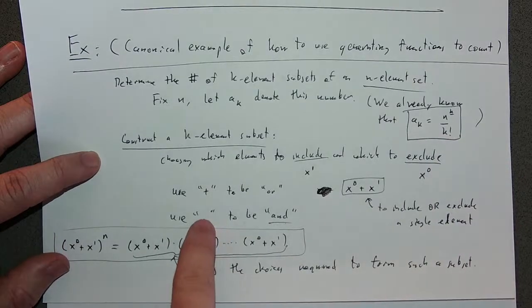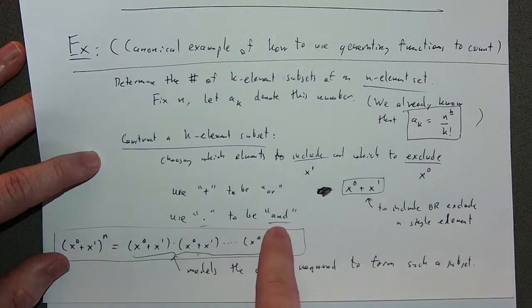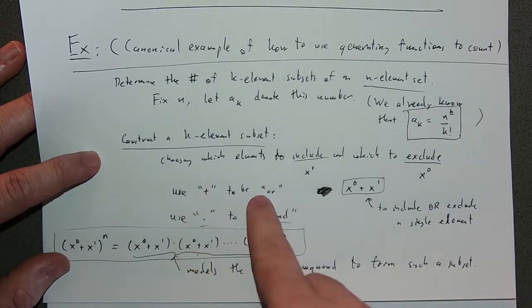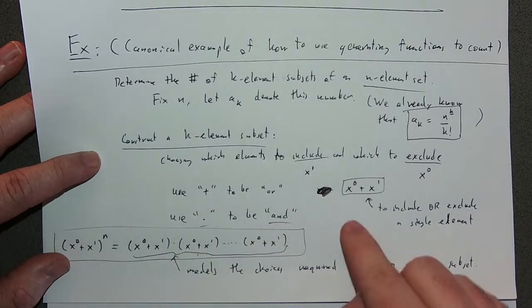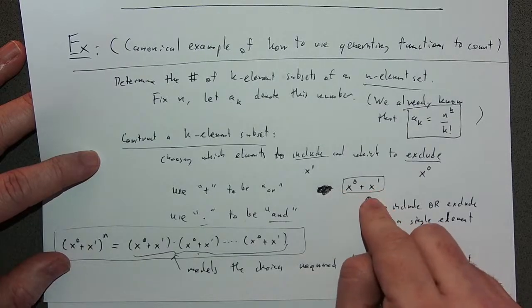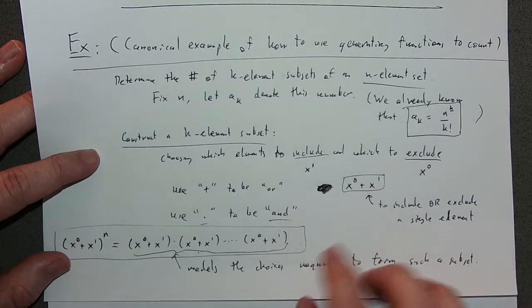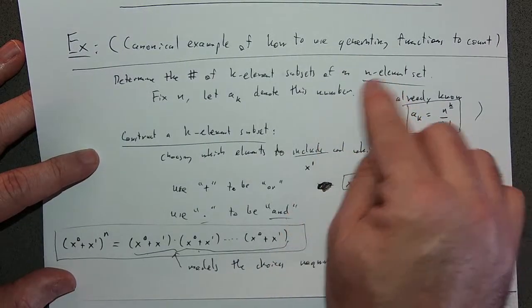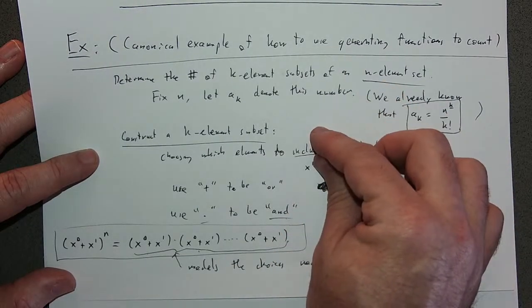Because there are n elements here, and this is done in sequence, this process happens in a sequential way. We said that this multiplication is our and. This is denoting a sequential choice. This plus is our or. It's where we have a selection. We can either exclude it or include it, right? So 1 plus x is the binomial that says whether a particular element gets selected.